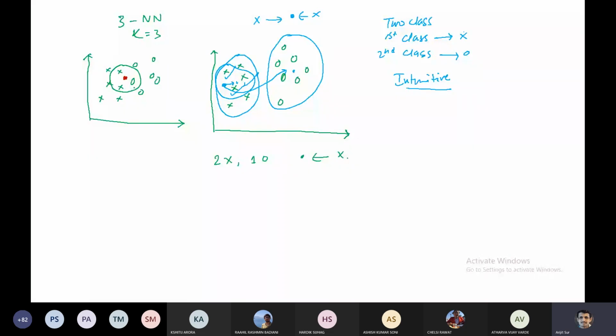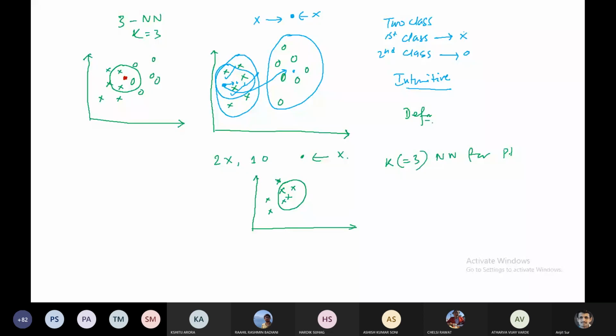We are now defining what we mean by k nearest neighbor. For k equal to 3, these are the 3 nearest neighbors of the point plus that we are defining.